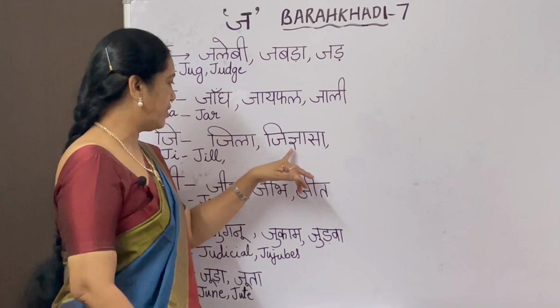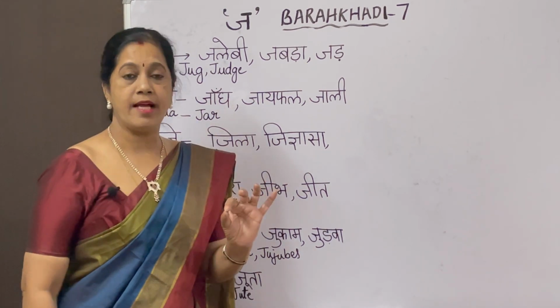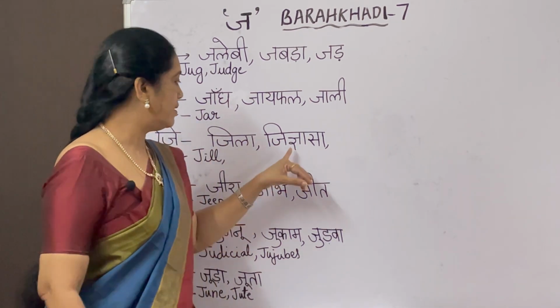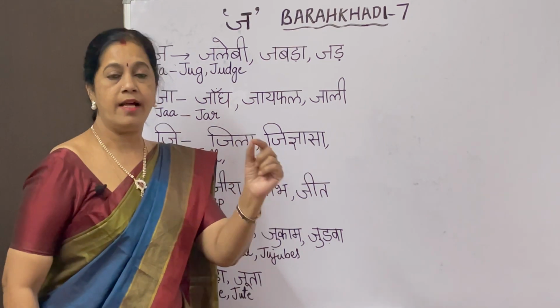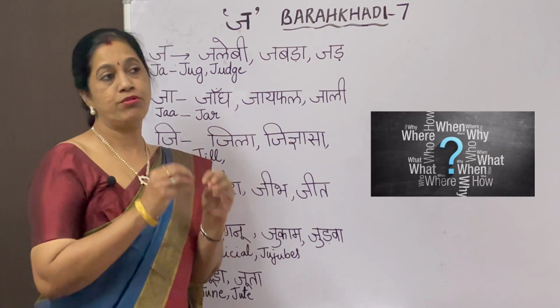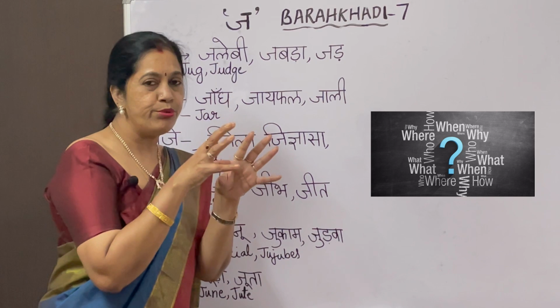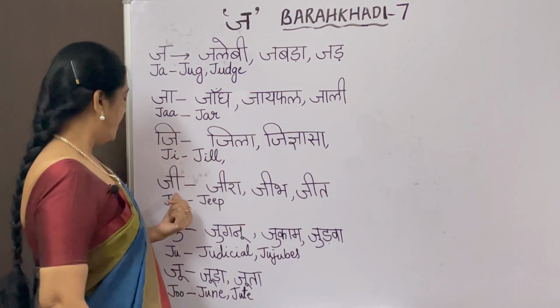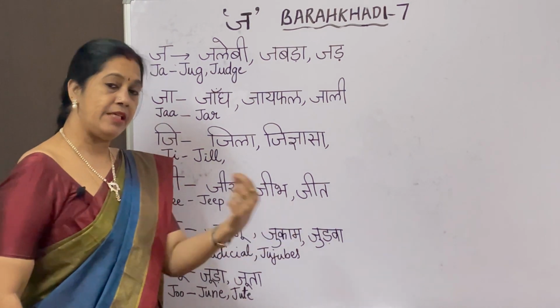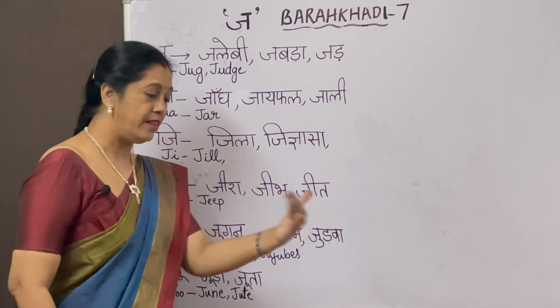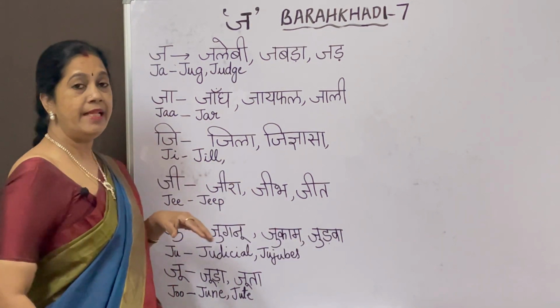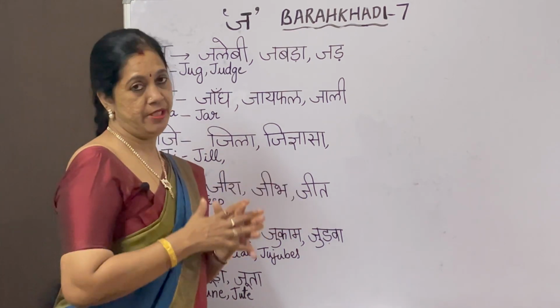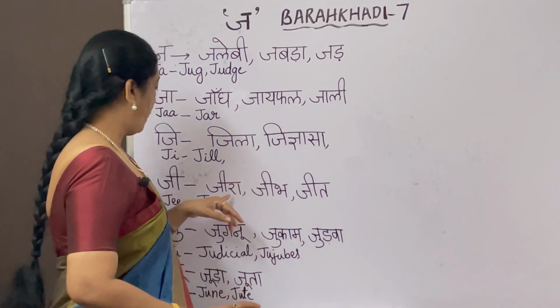It means district. The next one, Jigyasa. This is gya. Jigyasa means curiosity, to know something. You're so curious to know something. The next one, the lengthy G, J-E-E, like how you say Jeep.